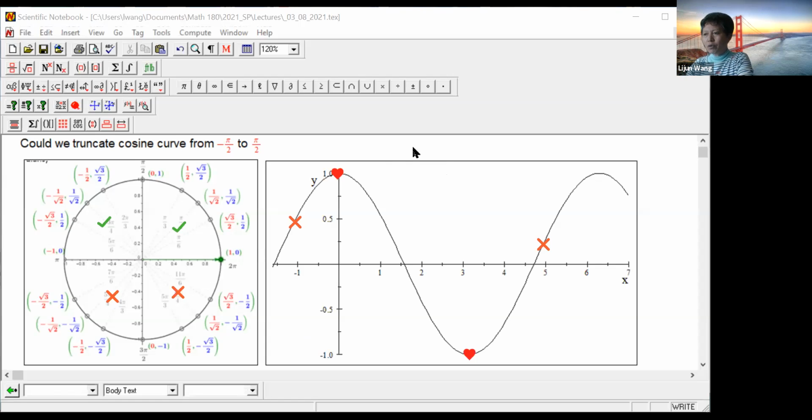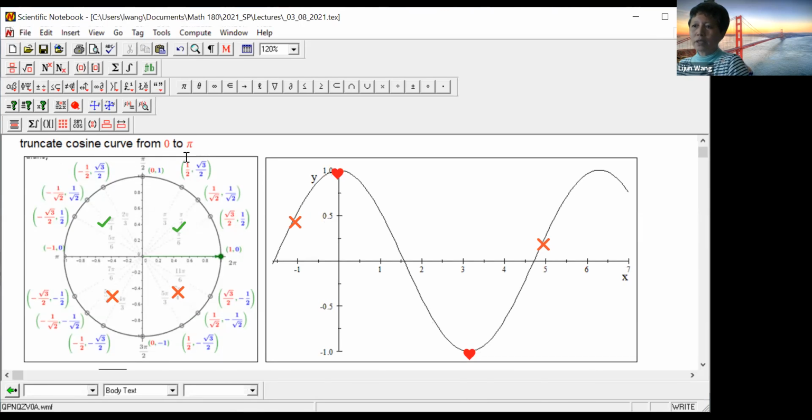So what's the consequence of this truncation? We truncate the cosine curve from 0 to pi. What's the consequence?